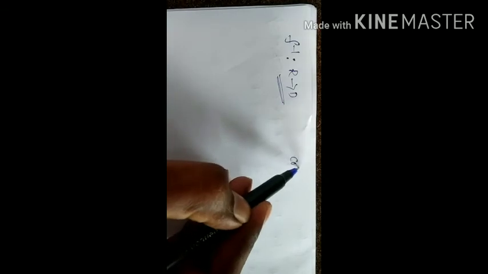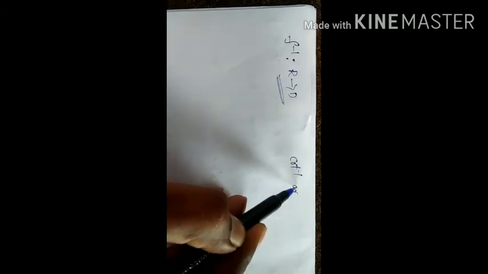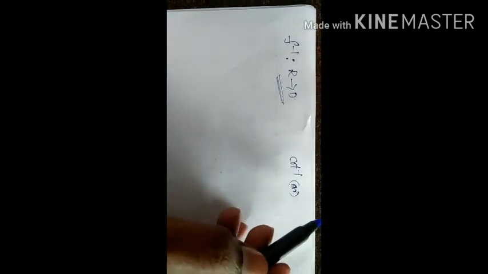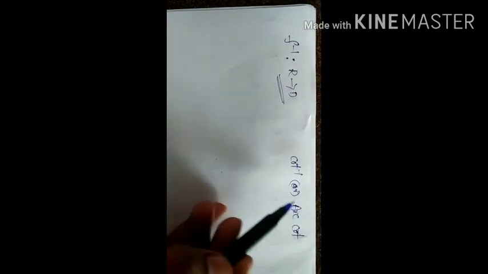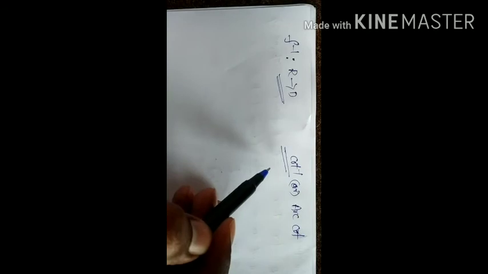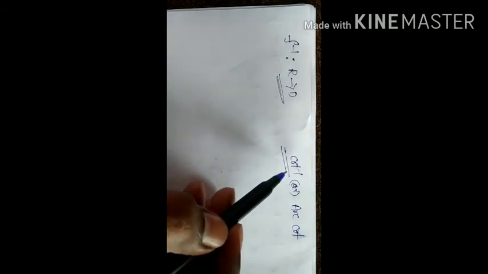We can denote the inverse of the cotangent function as cot inverse or arc cot. Generally we use this symbol to represent the inverse of the cotangent function.